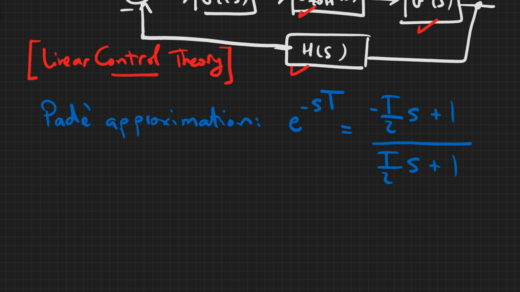So if you do a first order rational function approximation of this term, you get this structure. We had a problem with e to the minus sT, but if we replace it with this rational transfer function, which is composed of 1 zero and 1 pole, you can use that here and apply all your linear control theory without any problem.